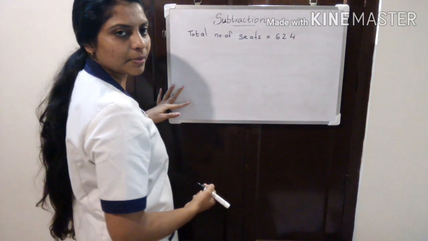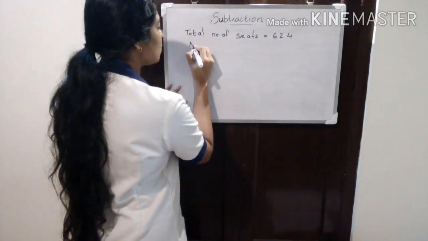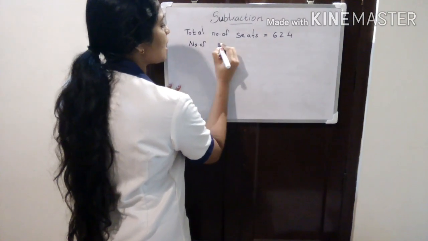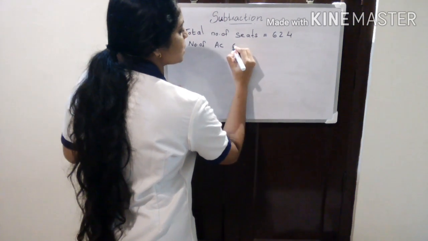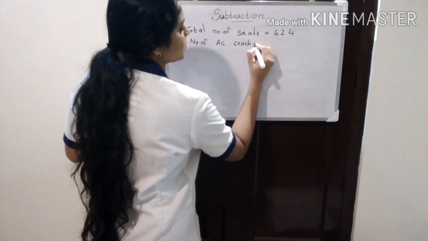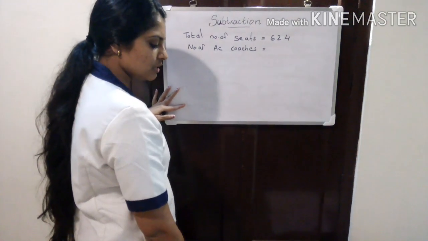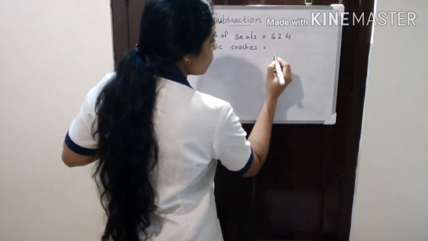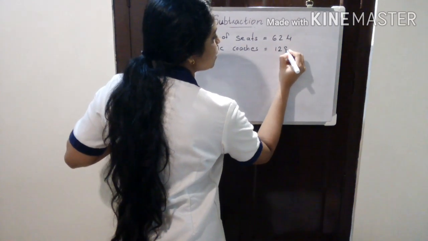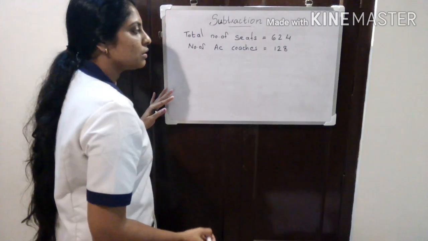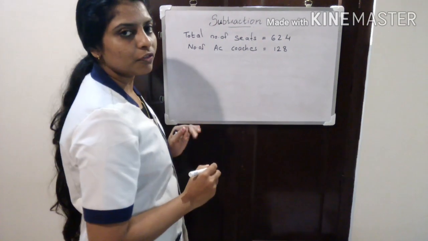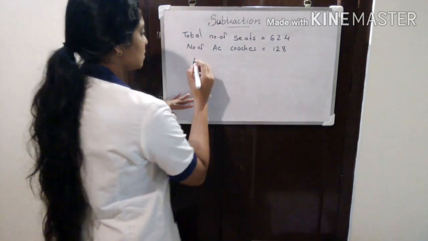What is the next step? Next step is the number of AC coaches. The number of AC coaches is 128. We want to find the number of non-AC coaches.